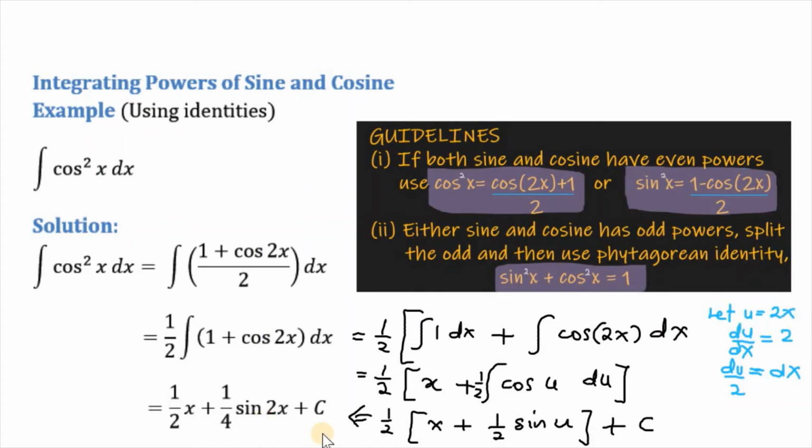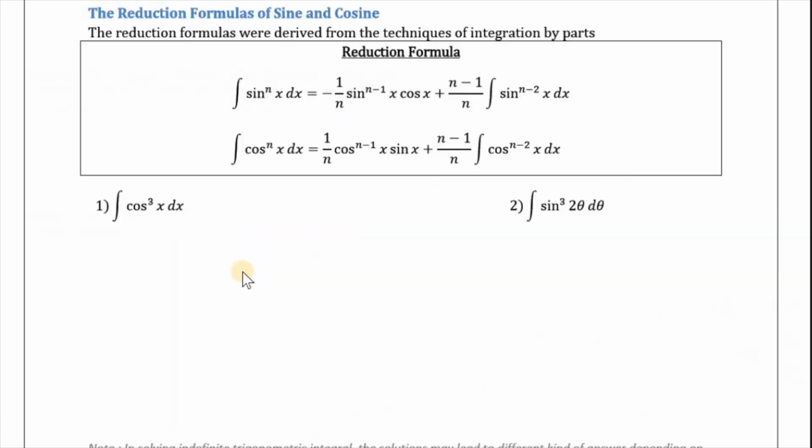What is u? u is 2x. So that is the way of integrating a cosine with an even power. In your workbook there is a reduction formula, but for our syllabus, we cannot use it. The formula is not given and you cannot use it to get to the answer, so we have to use the long way. There are 2 questions given.